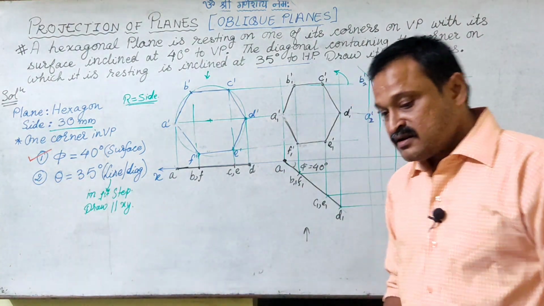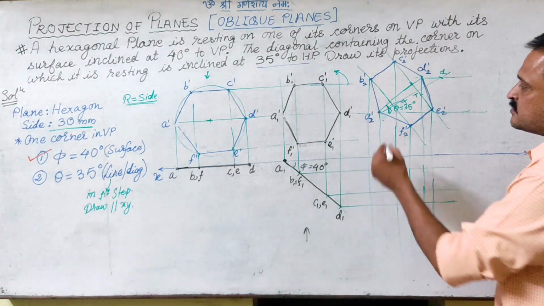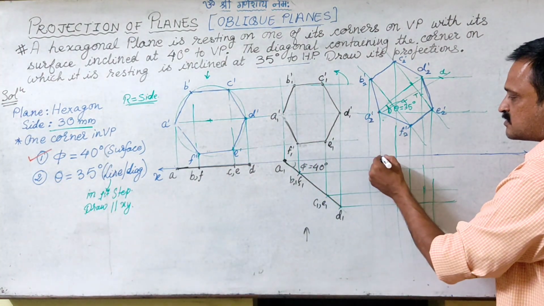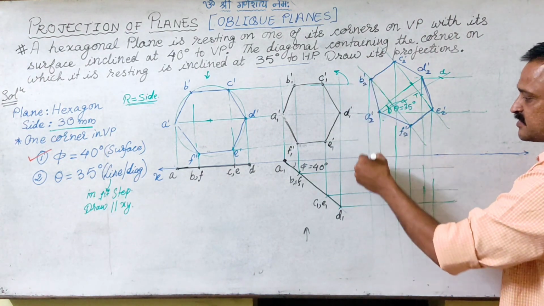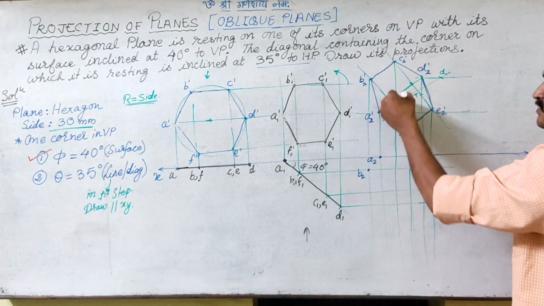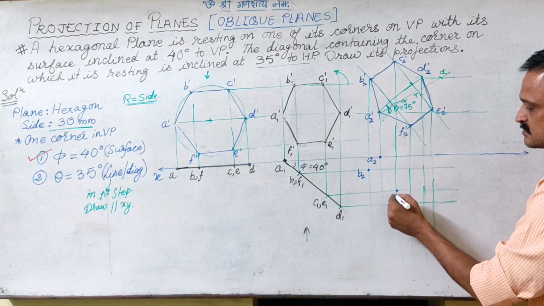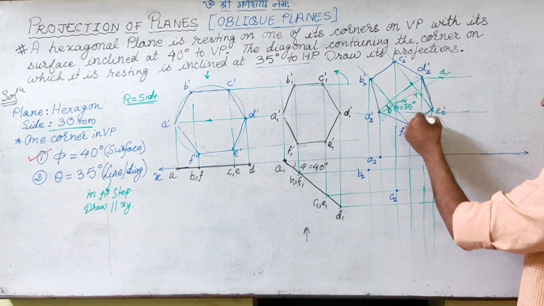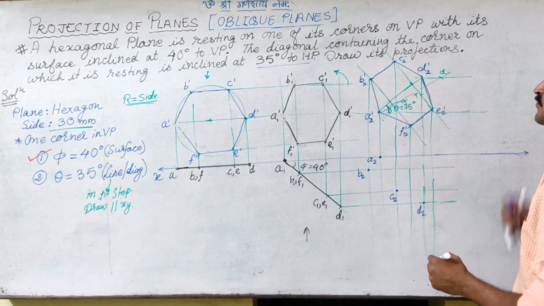So now we will mark the points. Projector of A, locus of A, I get this as A2. Projector of B, locus of B, B2. Projector of C, locus of C, I get C2. Projector of D, locus of D, I get D2.